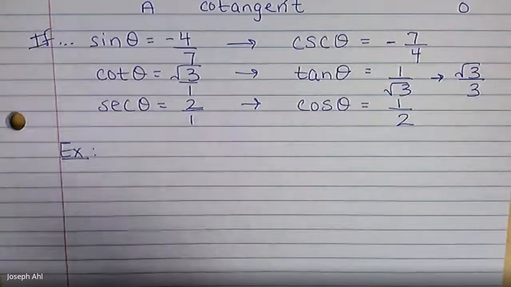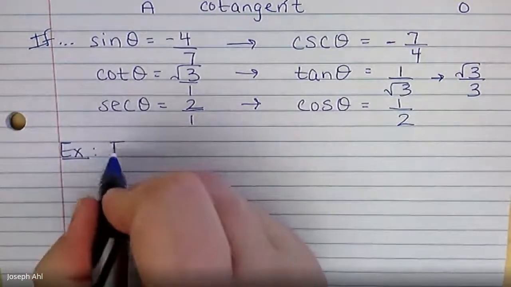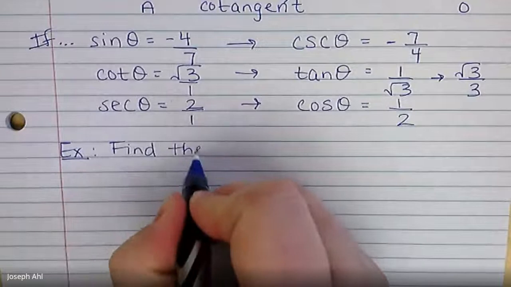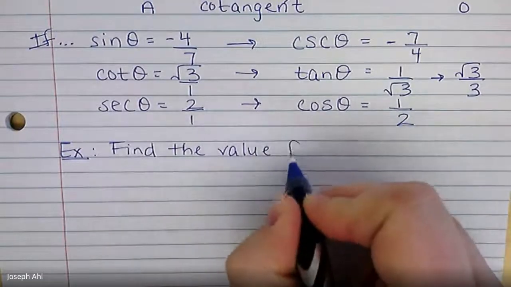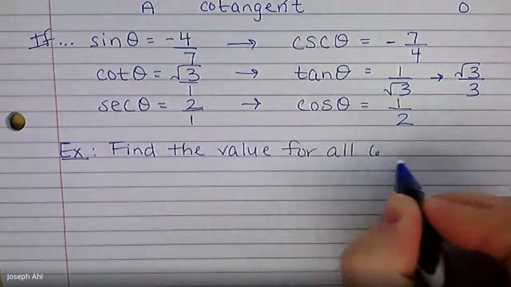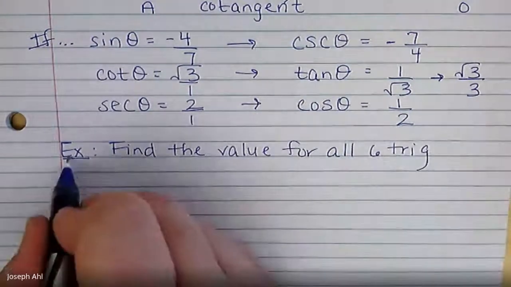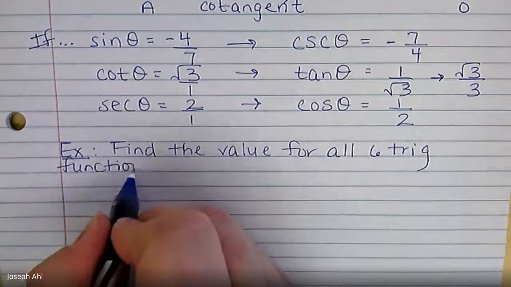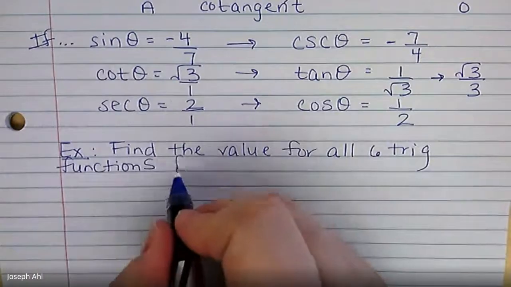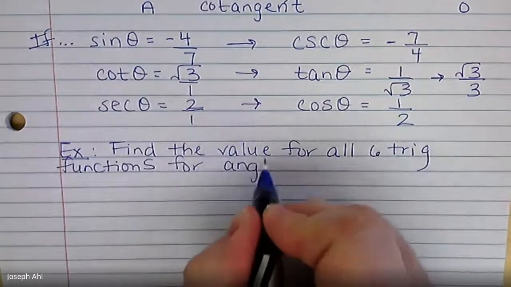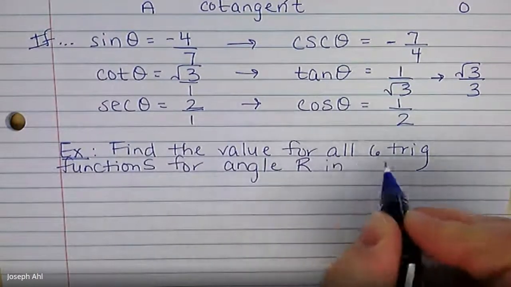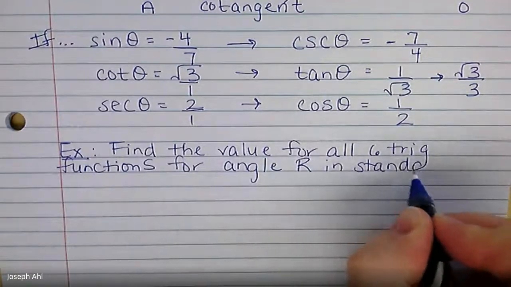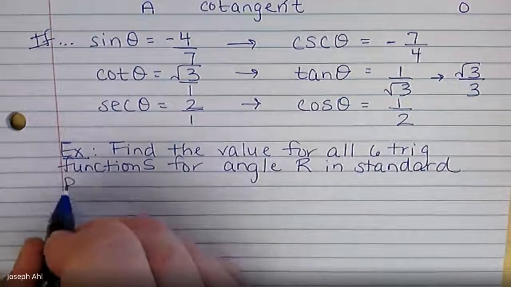And that brings us to an example where we can find the value for all 6 trig functions. So let's find the value for all 6 trig functions for angle R in standard position. And this is just a lot of fancy language. I'll explain what all this means in a moment.